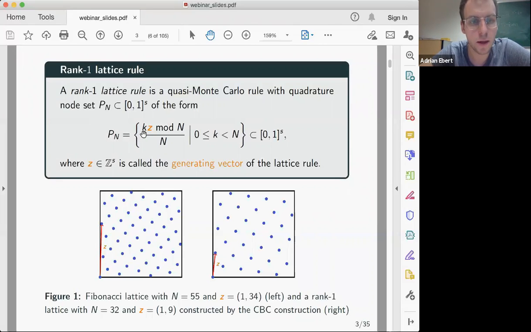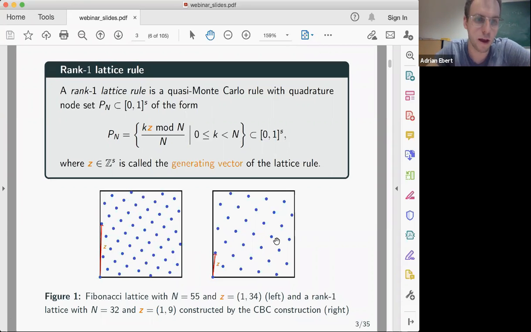Then we take the scalar product of the number k with z, then do modulo n and divide by n. Here k runs from 0 up to n minus 1. This is basically the point set of the lattice rule. Two examples of such lattice rules you can find here below.